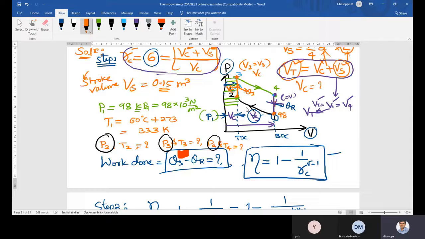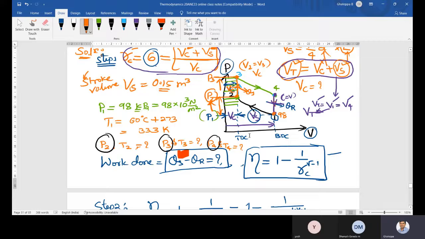Point number 2 is here, and on the y-axis is P2. P2 should be more than P1, because there is a lot of gap between P1 and P2. And comparing points 2 and 3, P3 is higher. So P3 should be more than P2.